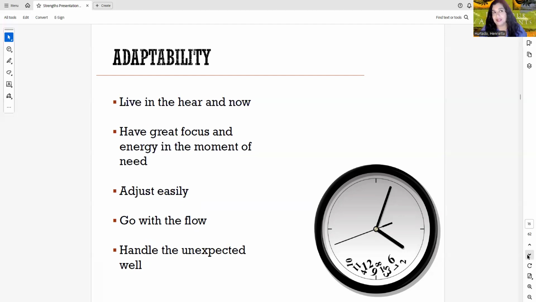And I'd like to say that in different areas of our lives, certain strengths, like for example adaptability, might show up more than when we're working or doing something that implies being more formal.